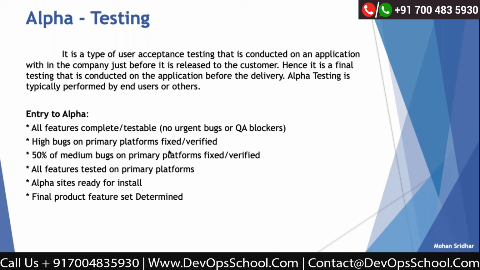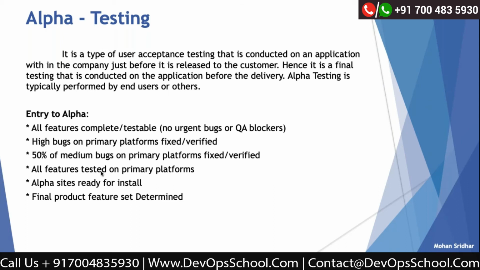So they will check all the primary bugs, how many open bugs there are in the application, and their priorities, whether they can be ignored or not. Based on that, they will decide.